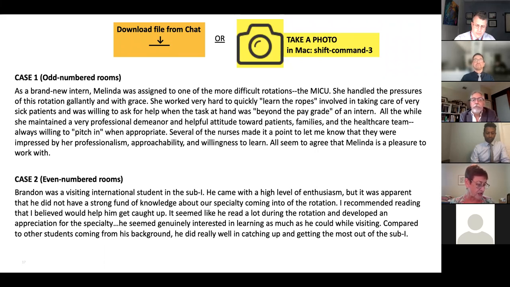We also talked in our group about grading committees and having decisions being made by more than just the clerkship director or just the program director.